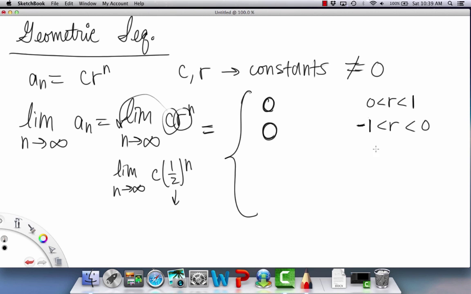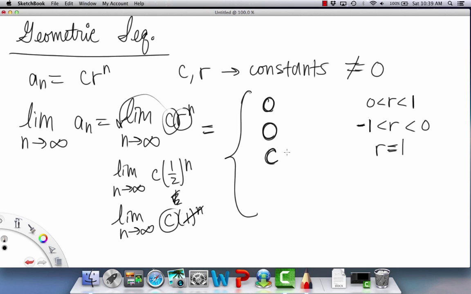Okay, now we'll say r equals 1. Then we have c times 1 to the n. So 1 to any power is just still going to be 1. So then our limit just equals c. Okay, so that's a nice one.